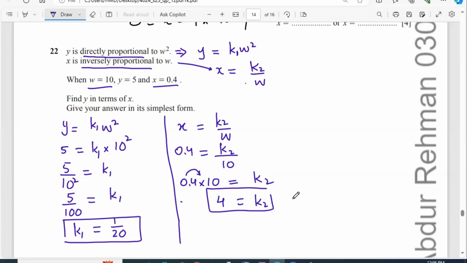Now, to find Y in terms of X, what will we do? Put the values of K1 and K2 in the original equations, equation number 1 and equation number 2.